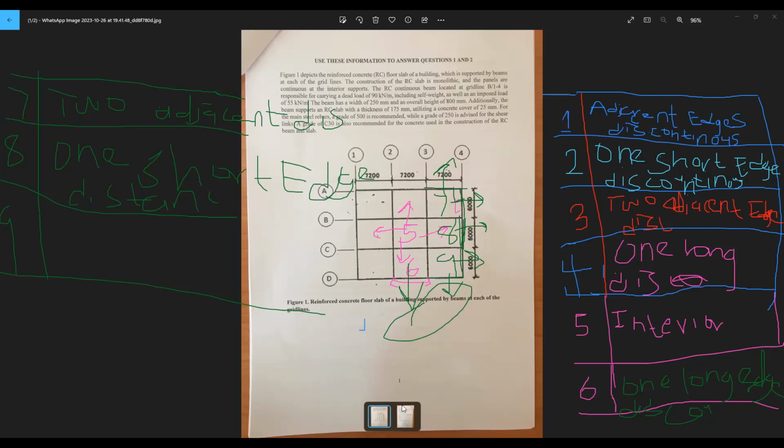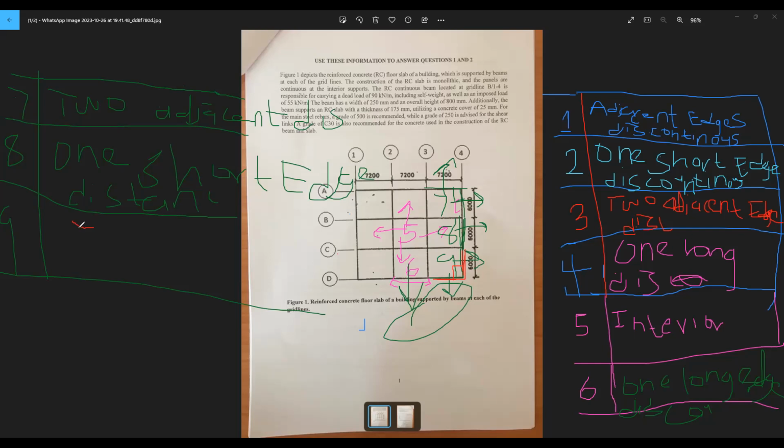Let me change the color for a very clear illustration. This side and this side, and the angle between them is 90 degrees. And this gives you two adjacent edges discontinuous.